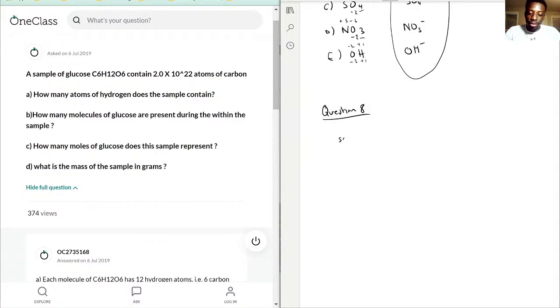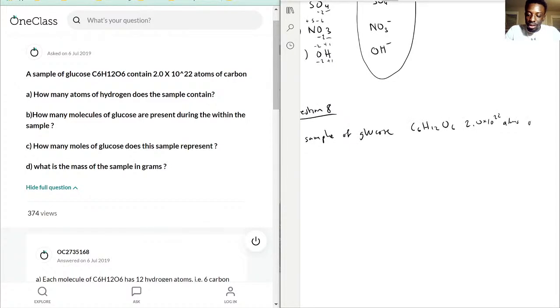A sample of glucose, C6H12O6, has 2 times 10 to the 22 atoms of just C, carbon. Okay.